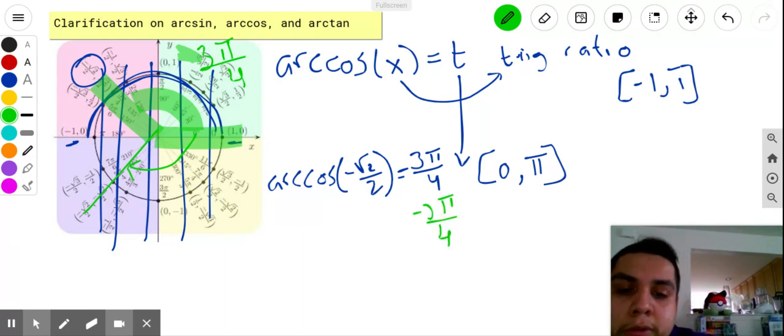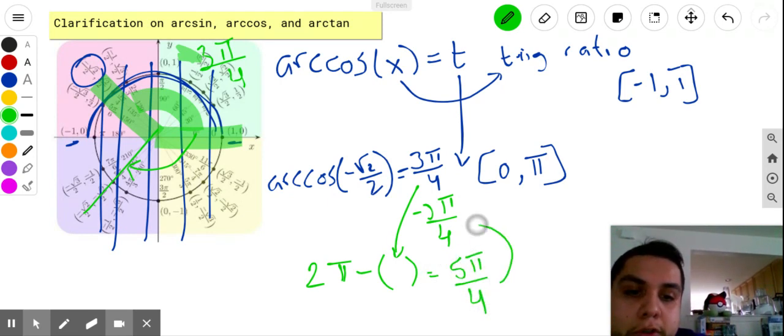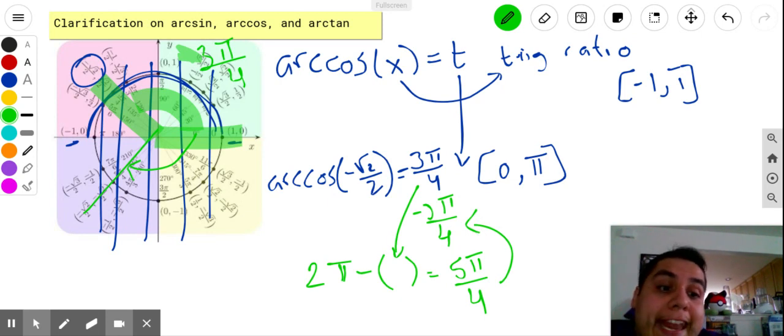I would rather you think about it as 2 pi minus the given angle here, right? Because that should get you the 5 pi over 4, which is again a coterminal angle with that negative 3 pi over 4, right?